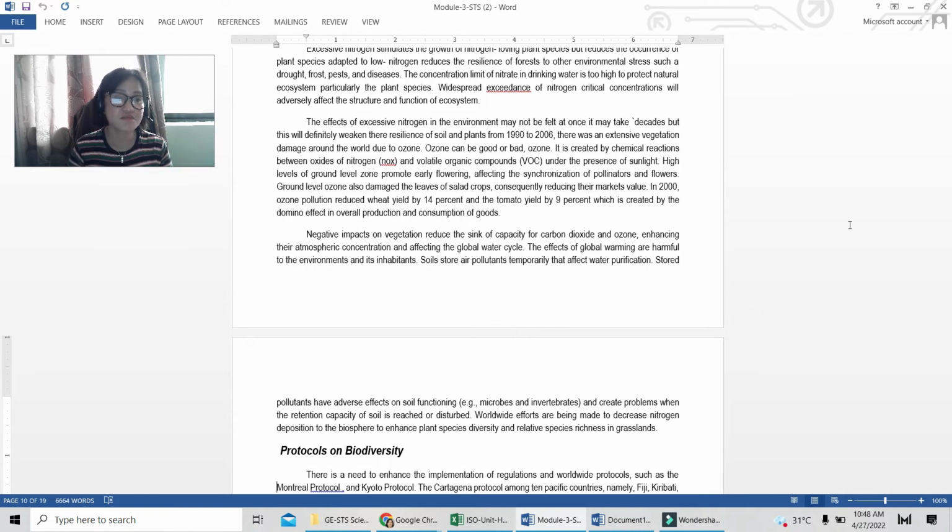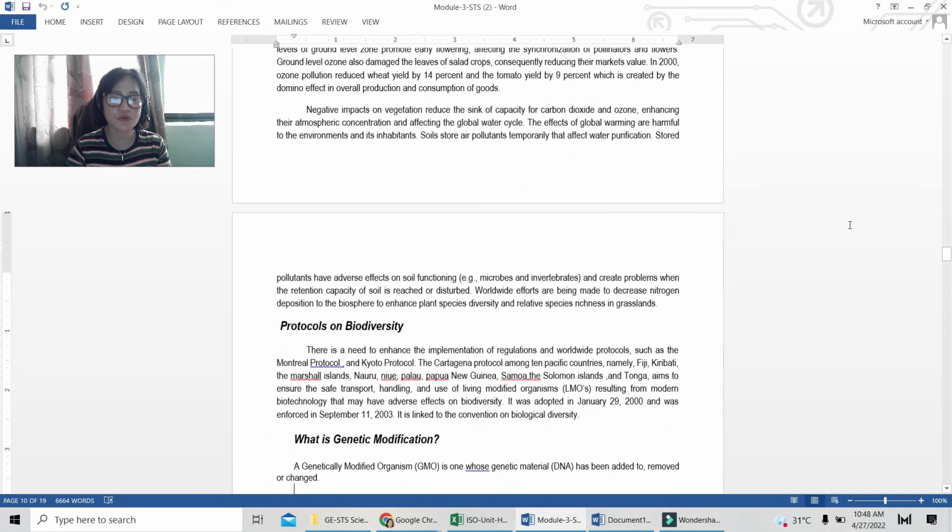So even if you plant there or so many other things, it will not grow into a healthy output, because the soil is not healthy anymore, the air is not healthy anymore. Okay, so those negative impacts can somehow affect the natural biodiversity of our environment.